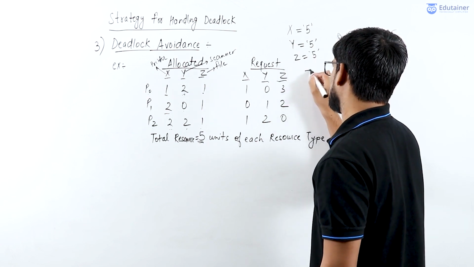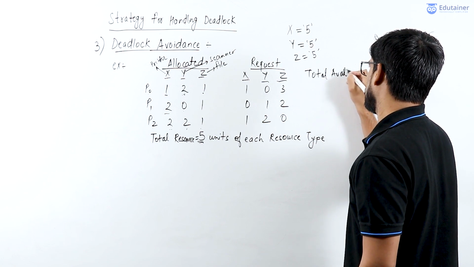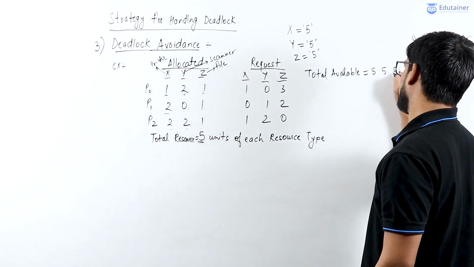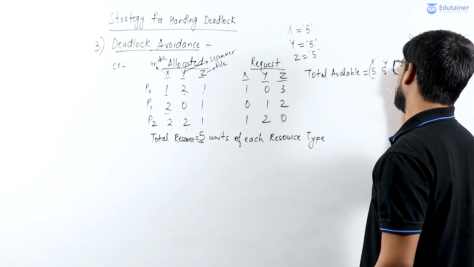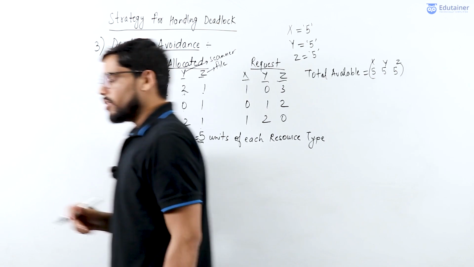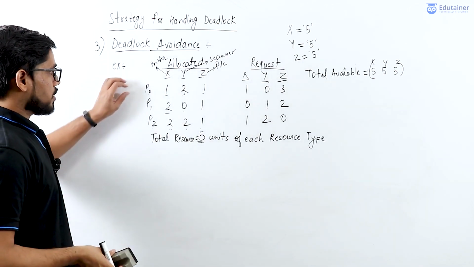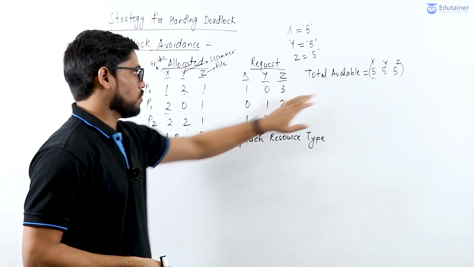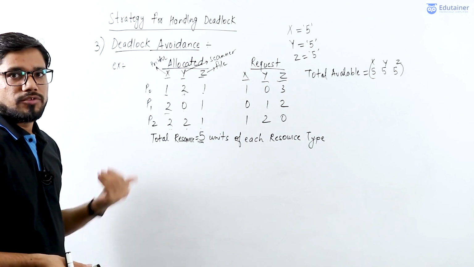So you can say that the total available is 5, 5, 5, and here 5, 5, 5 represent X, Y, Z. Now we need to find, if we allocate somehow from these given resources, whether there will be a safe state or not.